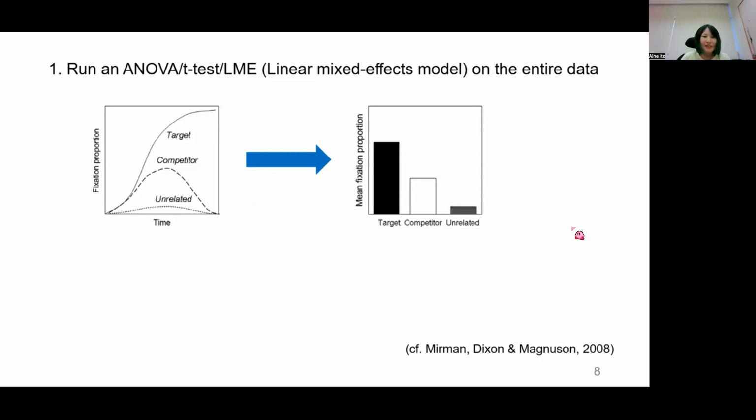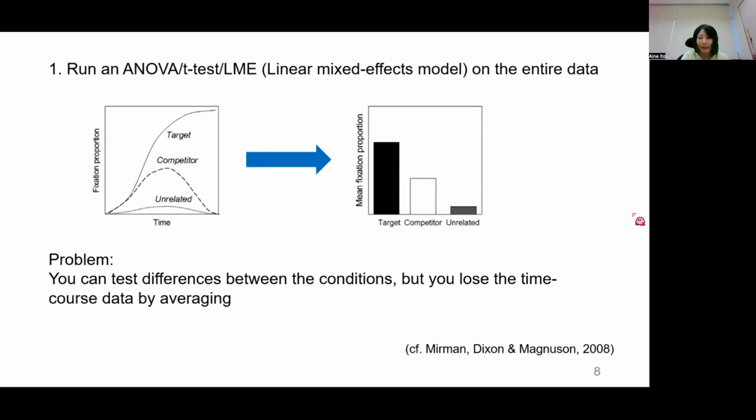Now, this does the job, at least for this data, or at least captures a pattern that the target attracted the most fixation, next the competitor, and next the unrelated condition, right? But by doing so, you can test the difference between the conditions, but you lose the time course data, right? Because you average across time, you end up with one data point per condition, right? So the time information is lost if you do this.